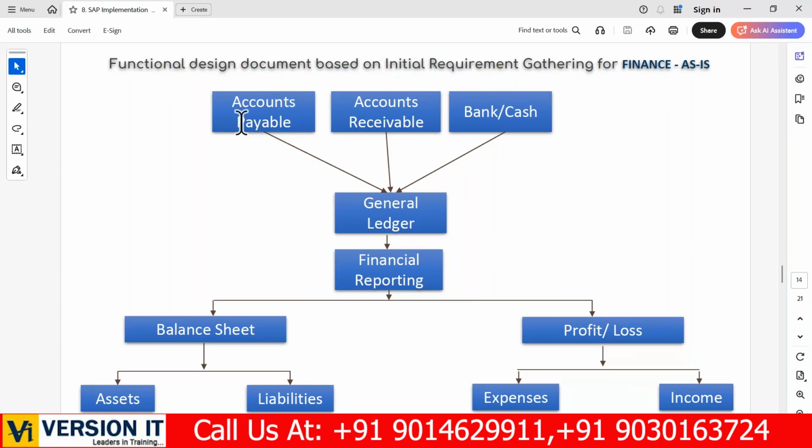First, accounts payable. Guys, accounts payable means vendor. Accounts receivable, customer. Either bank or cash. Remember, guys, from the customer and vendor point of view, we maintain bank master data. For petty cash, cash master data.